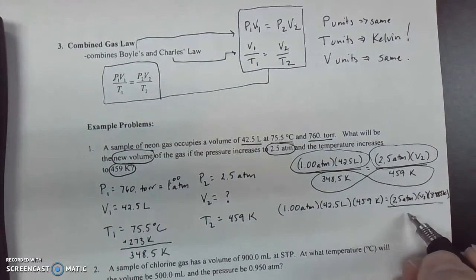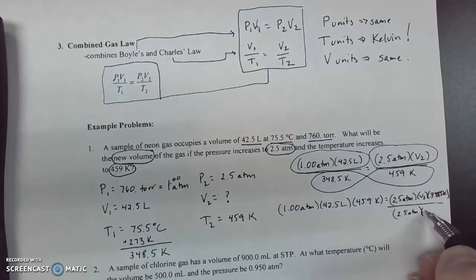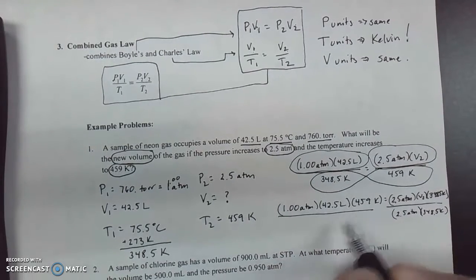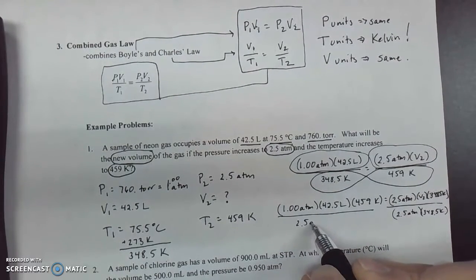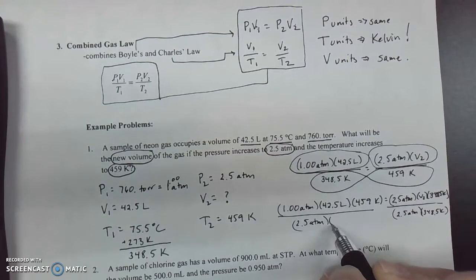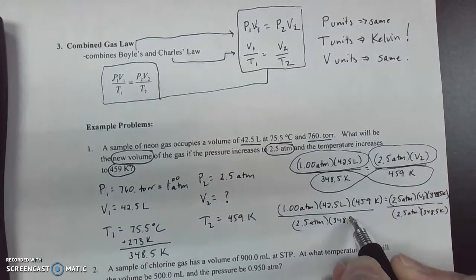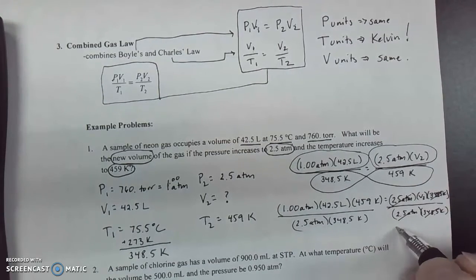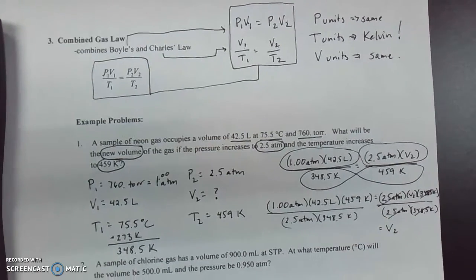So to get V2 by itself, I'm going to divide both sides by 2.5 atmospheres and 348.5 Kelvin. That crosses off our atmospheres and our Kelvin on that side.